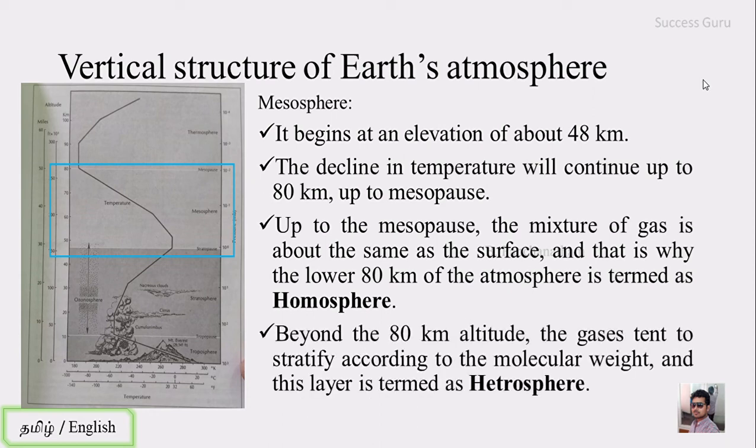And above that, the gases tend to stratify themselves according to molecular weight. The very high molecular weight gases will be lying closer to the mesosphere, and very light elements like hydrogen will be lying away from the mesosphere. This layer is called the heterosphere.